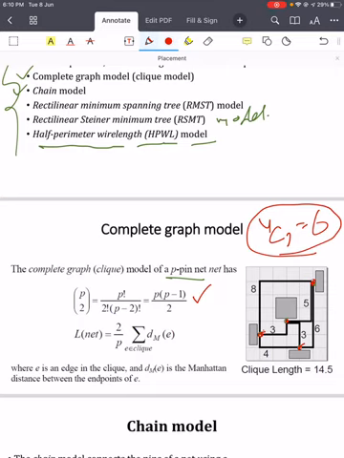One thing you can understand is that from this complete graph model we can generate a spanning tree. A spanning tree means that from this complete graph you can generate a tree with 3 edges.